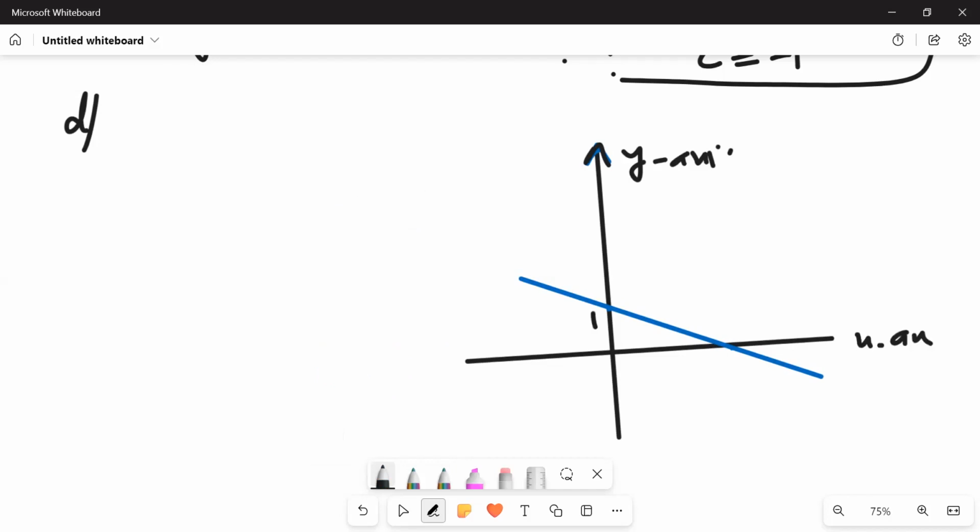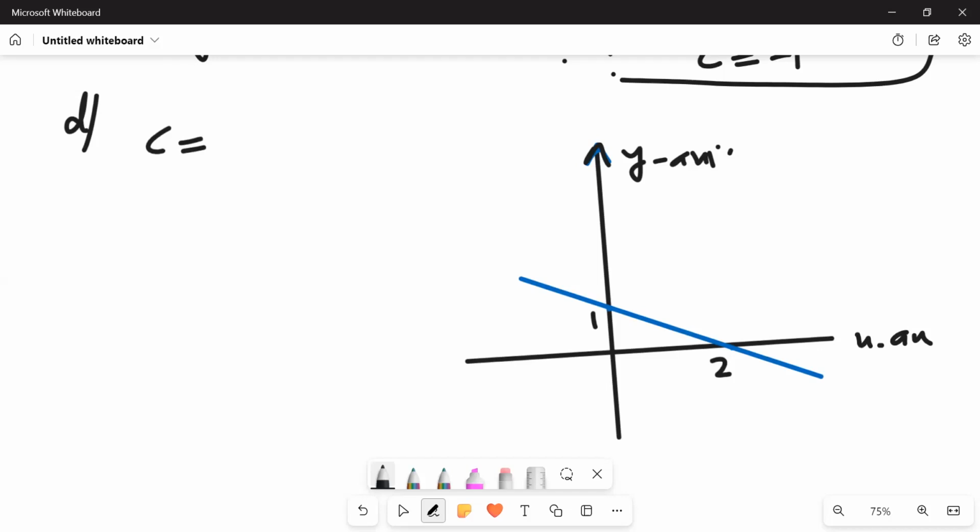Now can you tell me what the c value is here? This line cuts the y-axis at point 1.